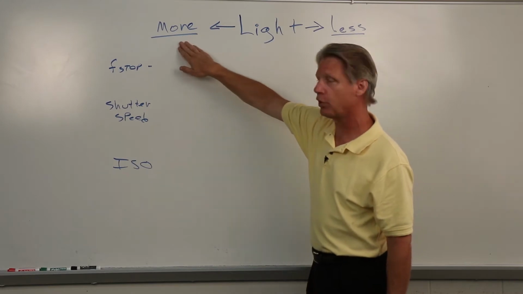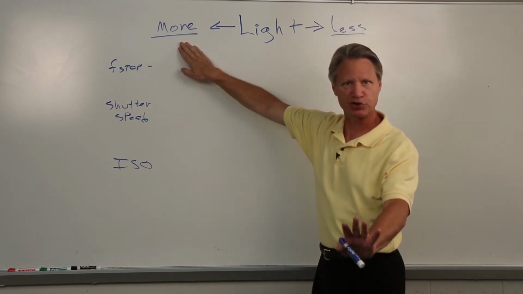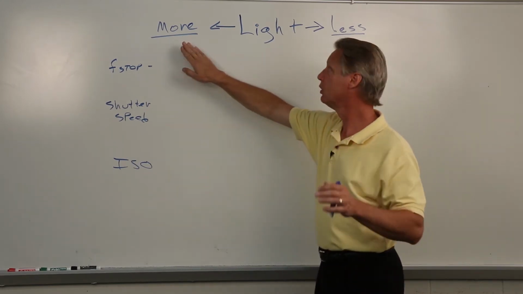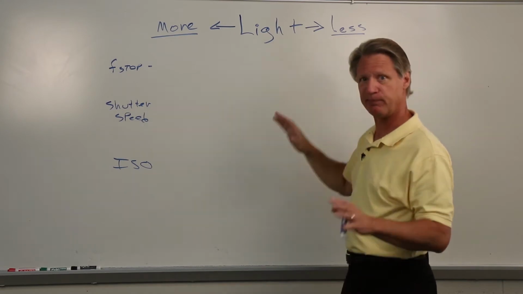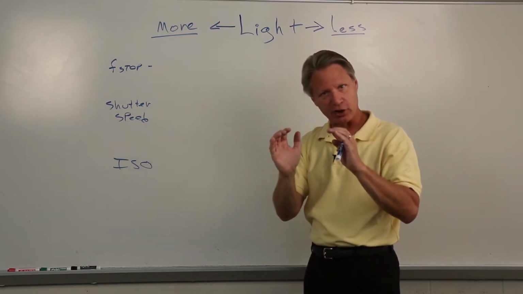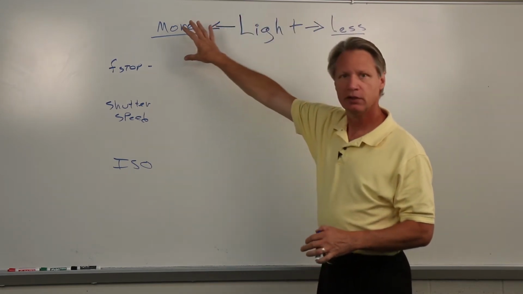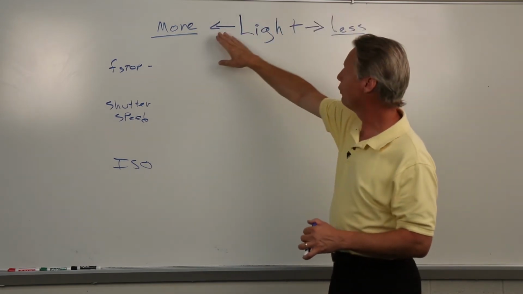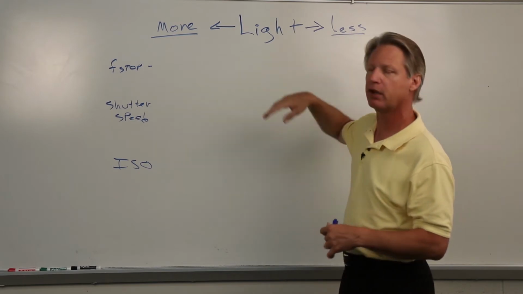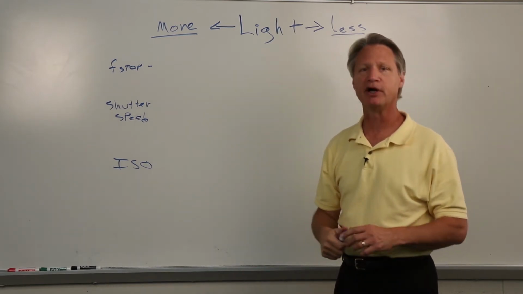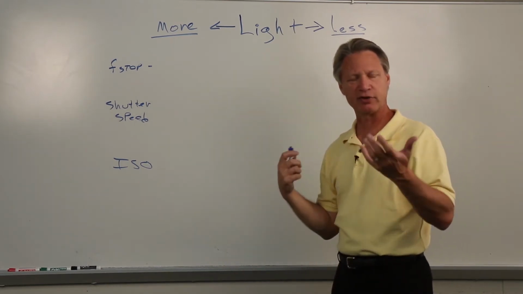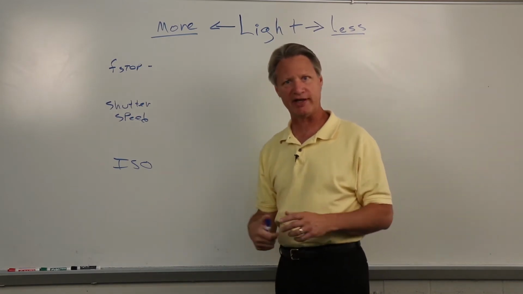Do I want more light in my picture because my picture's dark, I need to make it brighter? Or do I want less light? My picture's too bright, I want to make it a little darker. So if we simply refer to the words on the top of the chart, everything becomes much simpler when trying to explain what we do with light.